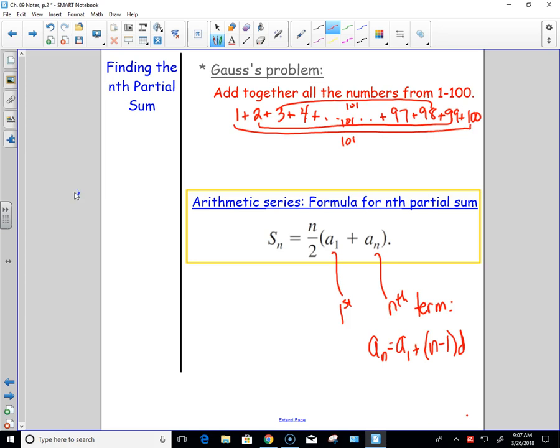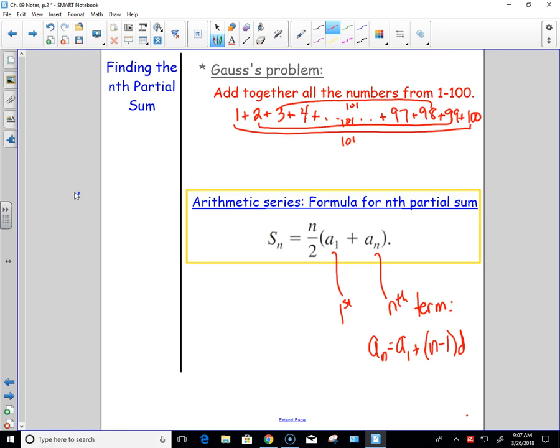For any arithmetic sequence, this one's arithmetic because you just add 1 every time, or adding 3 every time, or -5 every time, if you know the last number, which sometimes is really hard to find, you can add the first and last, and find what it's going to be every single time you add.